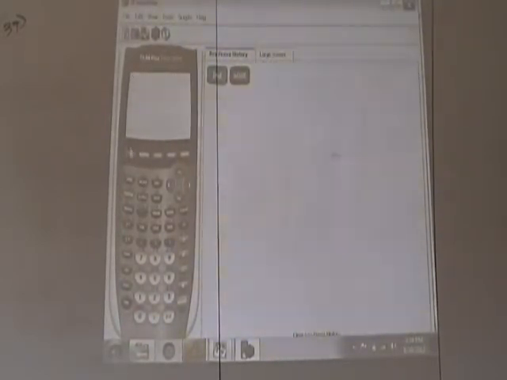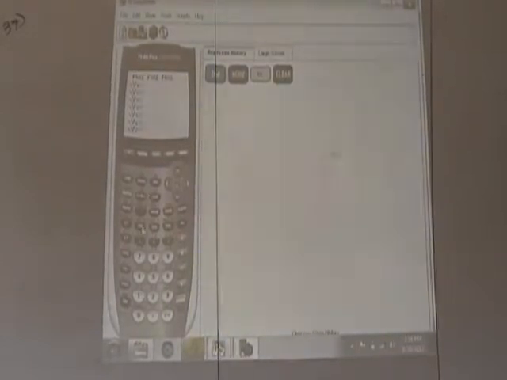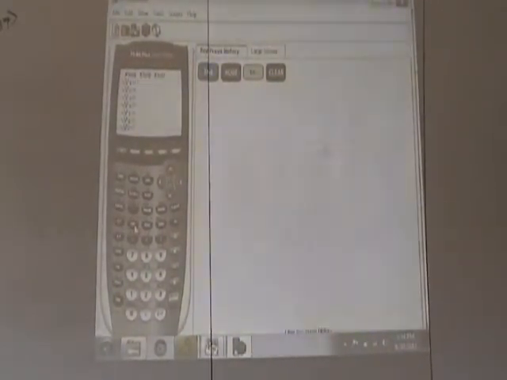Y equals. So we press that first. If I have something there, what do I do? I hit clear. Press the clear button. And then what? Good, sine x.